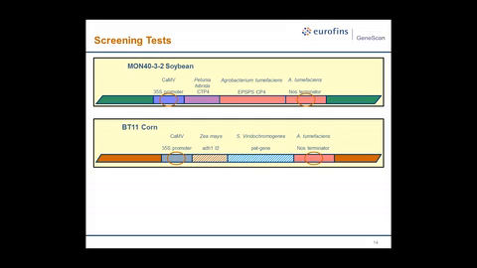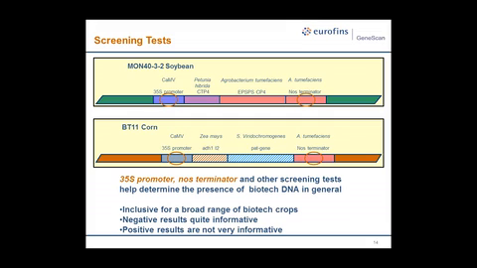And that's very convenient from a testing standpoint, because by targeting these shared components, you can catch a broad range of biotech crops without knowing specifically what you're looking for. And if you don't find these sort of permissive promoter and terminator markers, that's a very informative result. It catches a lot of different events with a limited number of tests.